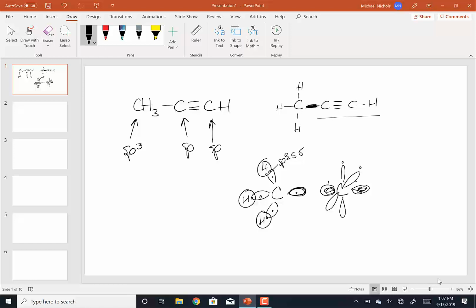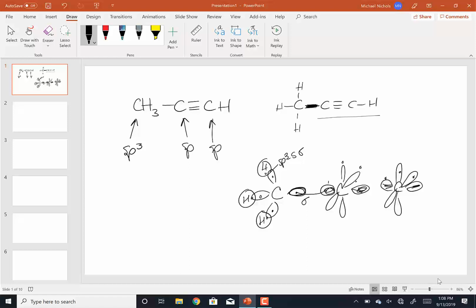Okay. So then I would go ahead and form the sigma bond from those two to match basically this sigma bond, the one that was bold. The last carbon on the right is going to be sp hybridized. So I'm going to have a carbon with, again, 2 hybrid orbitals and then 2 unhybridized orbitals.